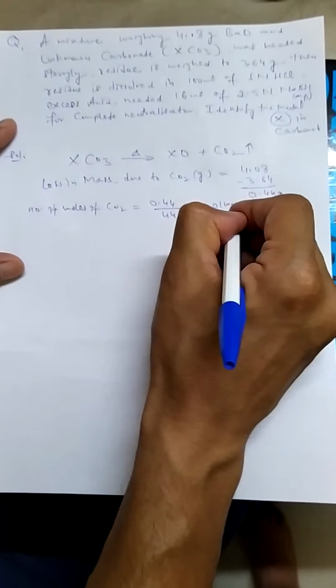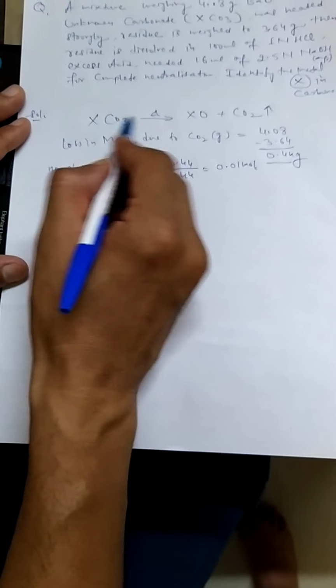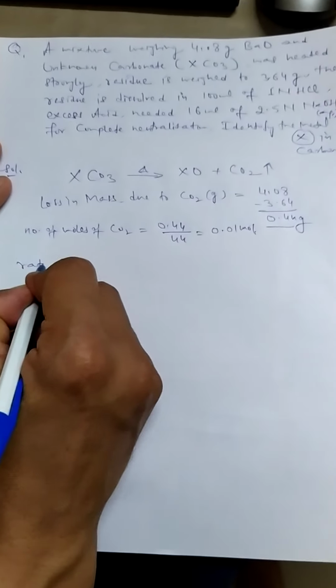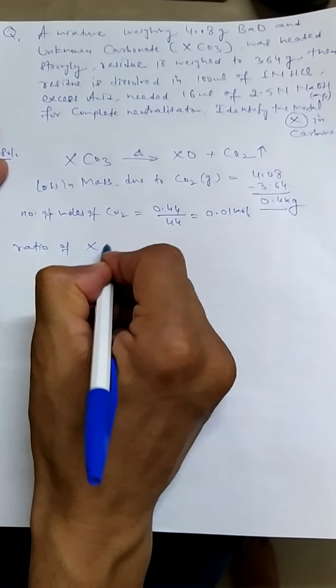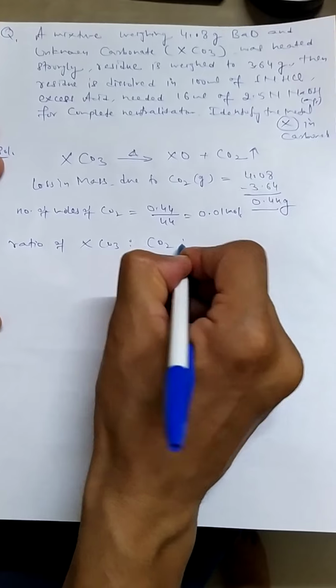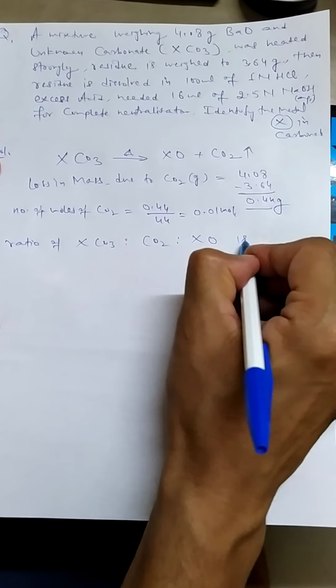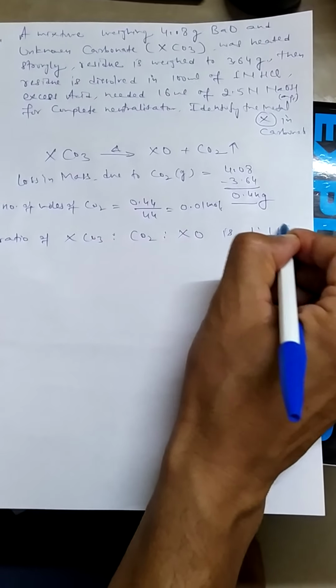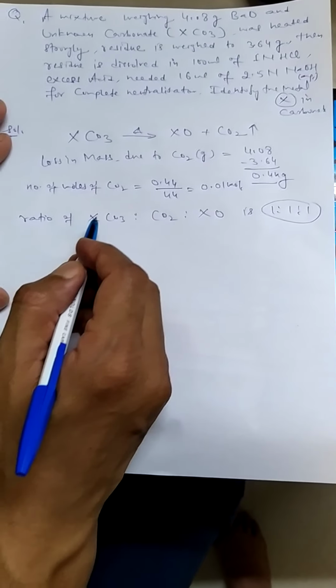0.01 mole. Now if we see in the reaction, the ratio of XCO3 to CO2 and also to XO is 1:1:1, as you can see in the equation.